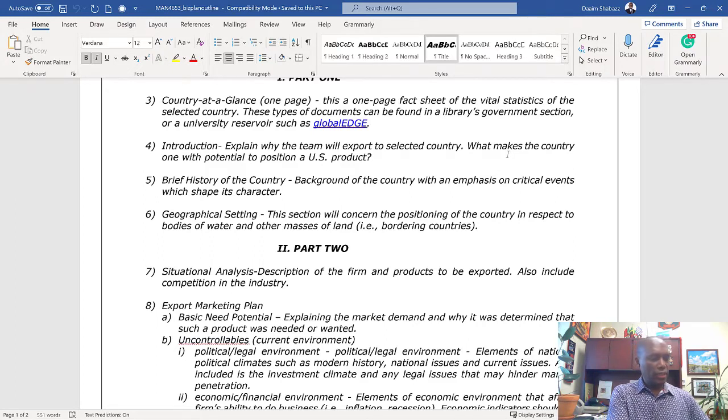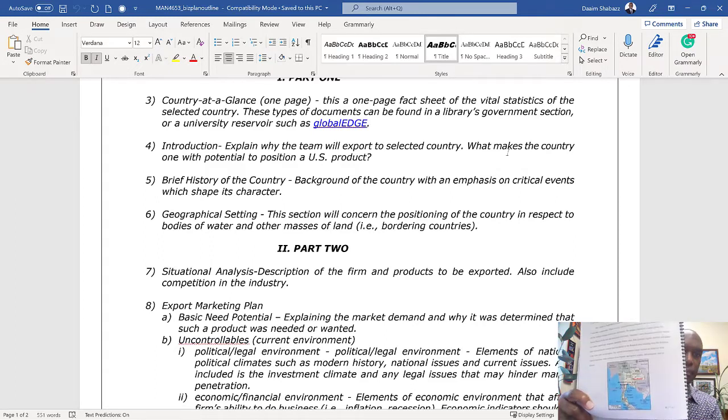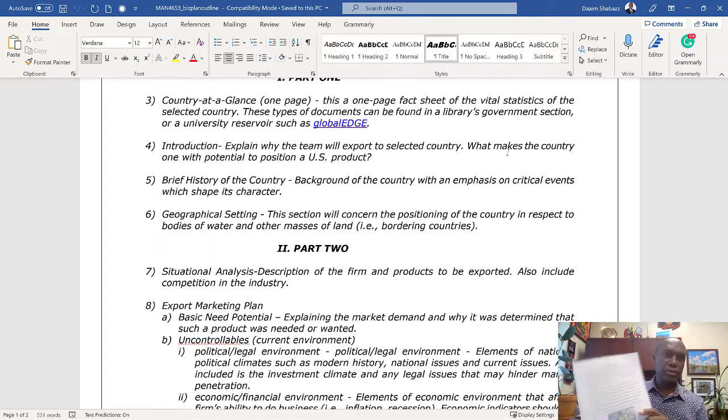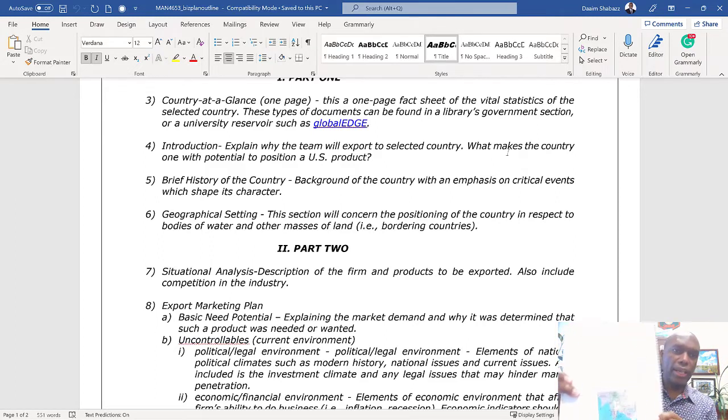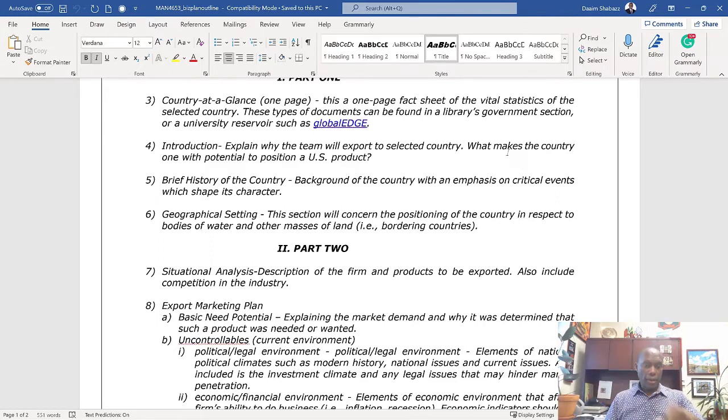Geographic setting. The geographic setting is nothing more than where is this country located. And many groups have included a map in their explanation as to where this country is located. And it is important. We talked about market entry strategies.